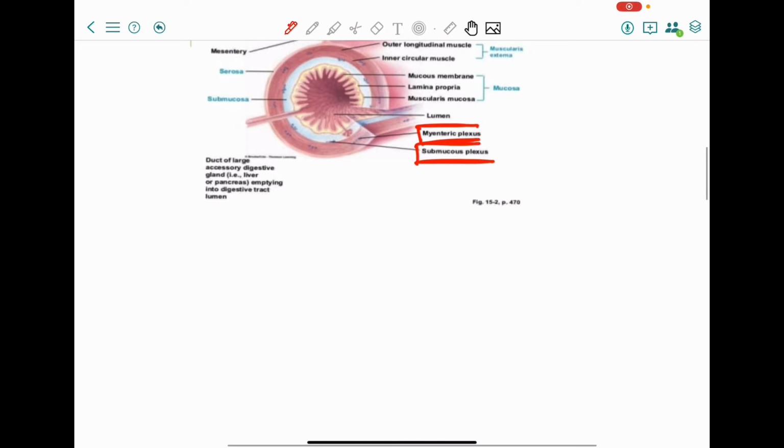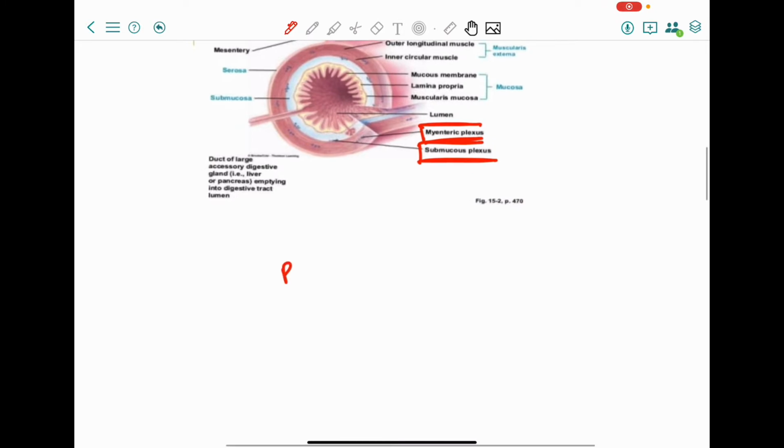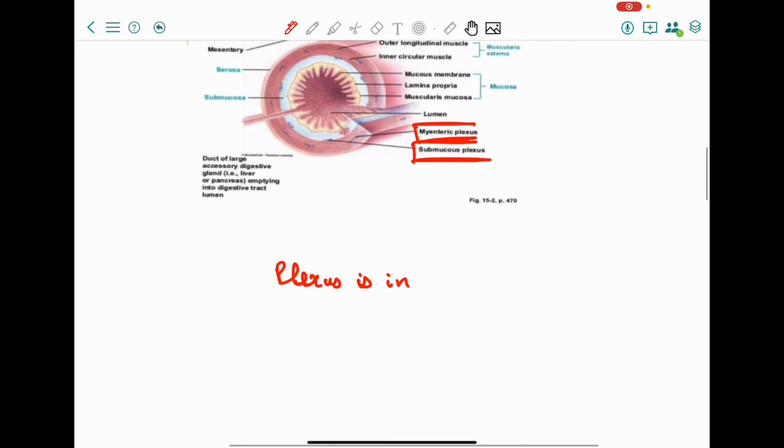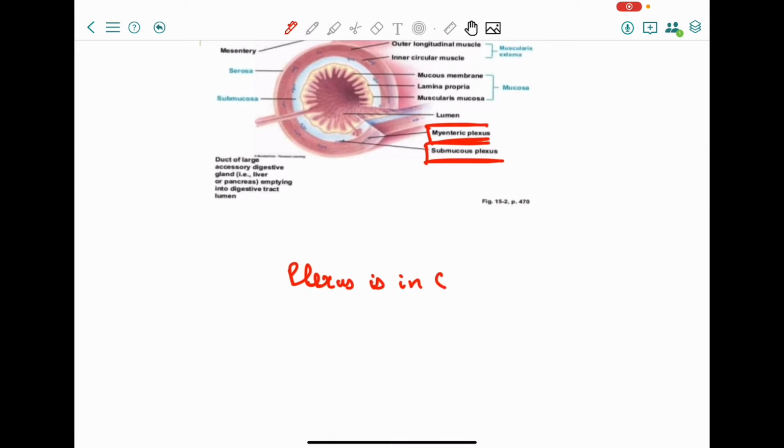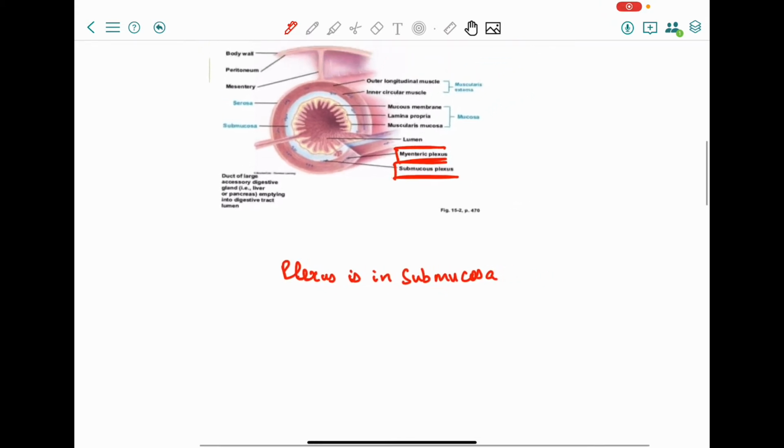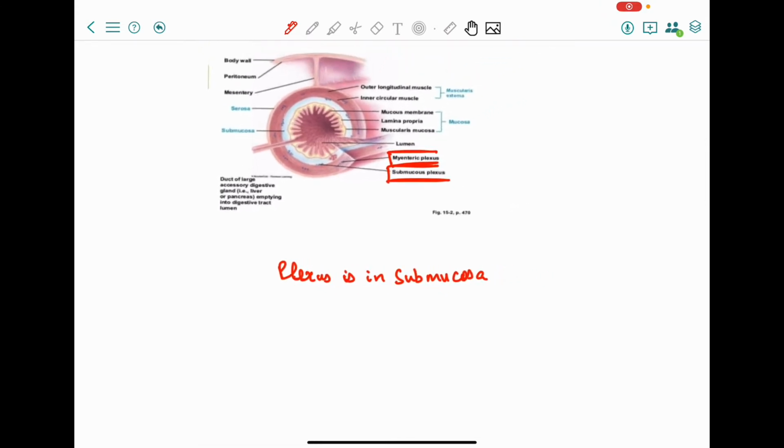When the plexus is in the submucosa, what is it called?